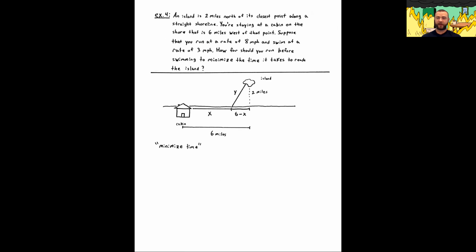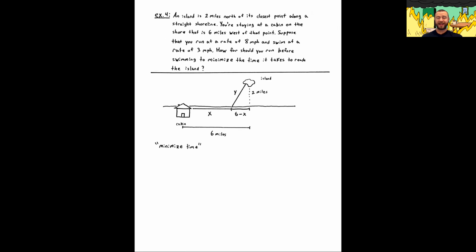There's some extra complications here just to get the sketch right, which we'll put up. So the setup is we have a straight shoreline. There's a cabin that we're staying at. And then 6 miles down the shore, there's a point which, if we go directly 2 miles off the shore, we reach an island. We're going to call the unknown distance that we're running x.